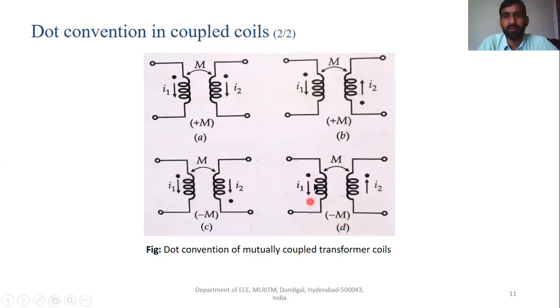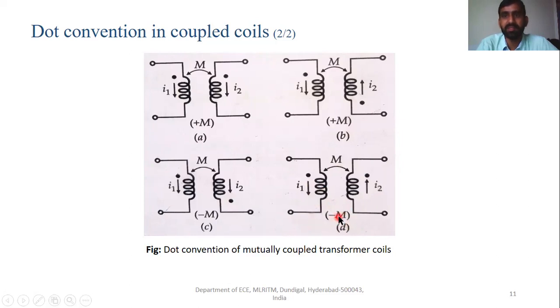So coming to figure D. Here you can check it out, in the right side of the coil, the current is entering the dot, and in the left side of the coil, the current is leaving the dot. So here, the mutual inductance is negative.